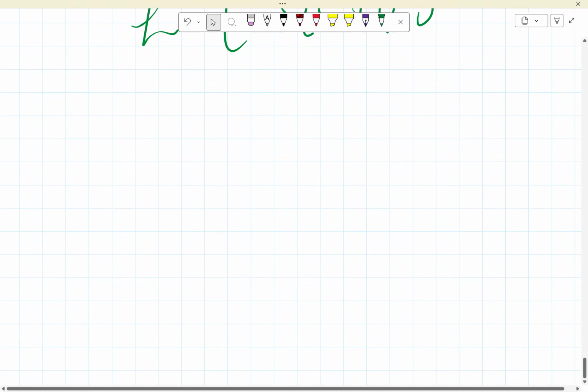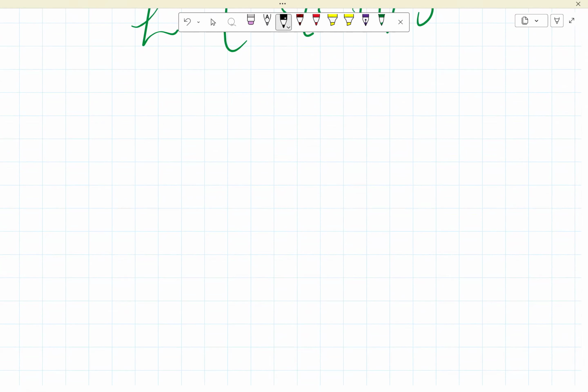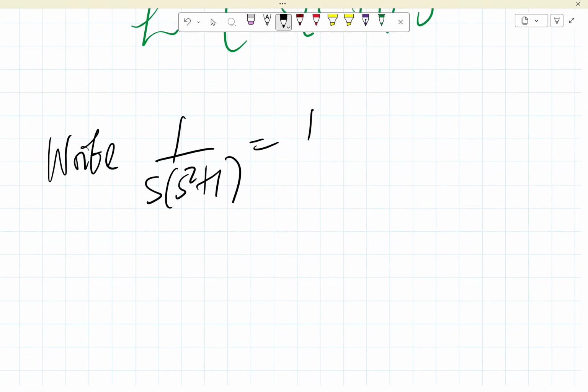So in that case, we have to factor into simpler transforms, right? To factor into simpler transforms, we can write 1 over s times s squared plus 1 as the same thing as 1 over s times 1 over s squared plus 1.